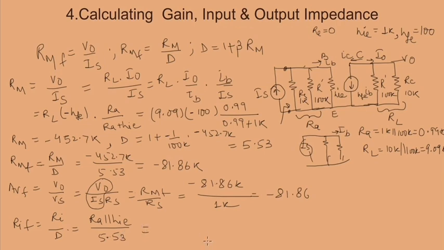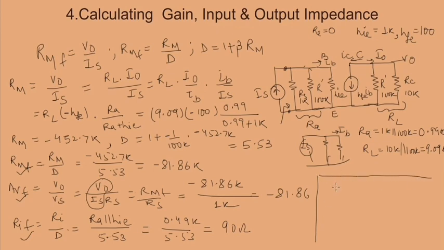The parallel combination of Ra and HIE, that is 1K parallel to 100K parallel to 1K again, gives us the value of 0.49K by 5.53, which gives us the value of RIF, which is 90 ohms. Right?